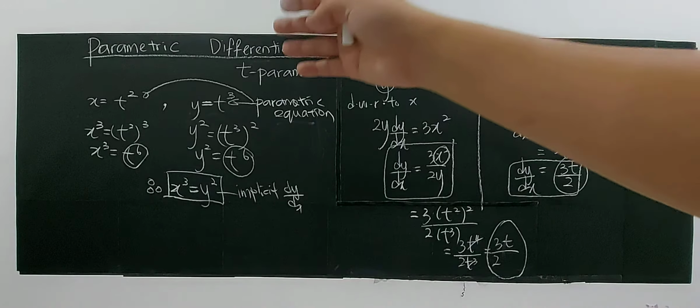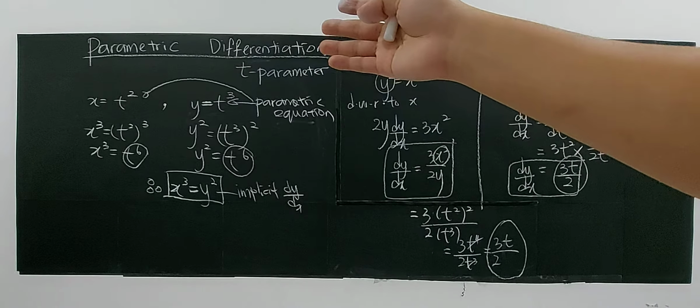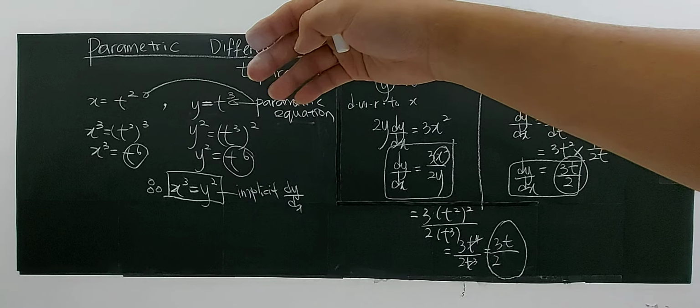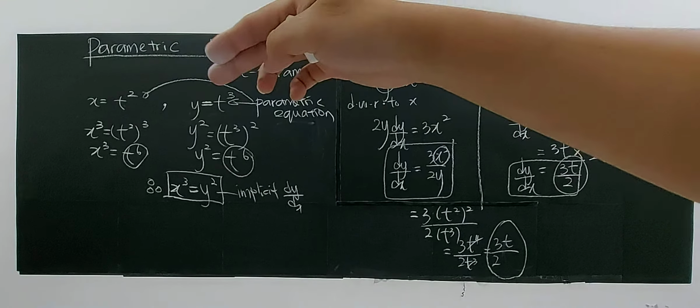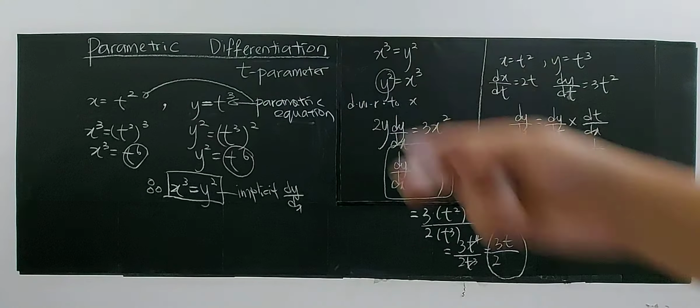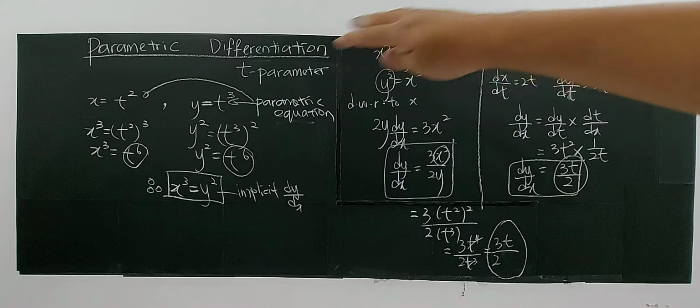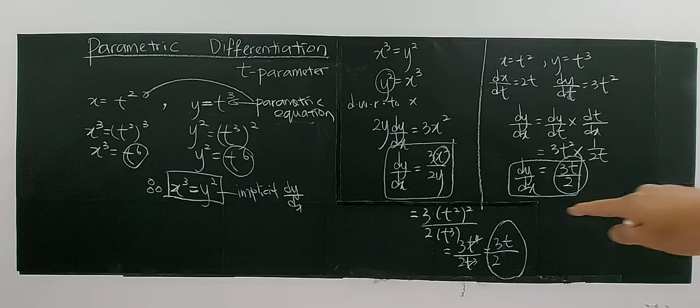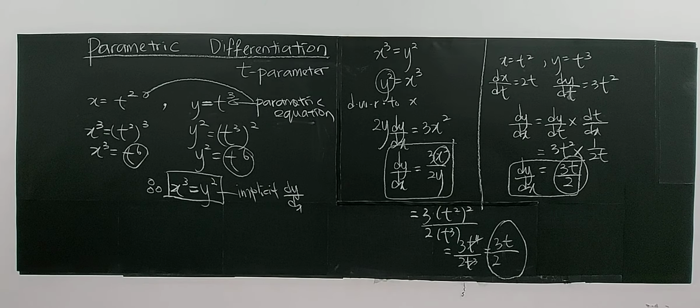In science, most problems need a parameter to relate x and y, for example time t. Parametric differentiation is used in rate of change problems in physics, science phenomena, and modeling problems.